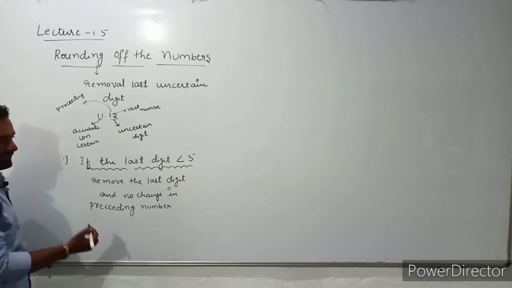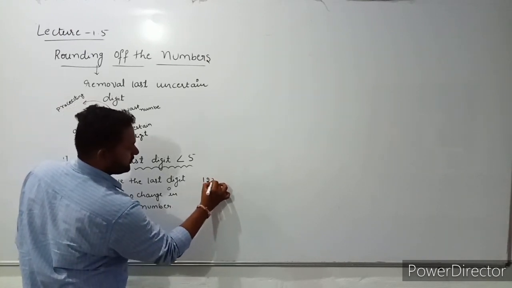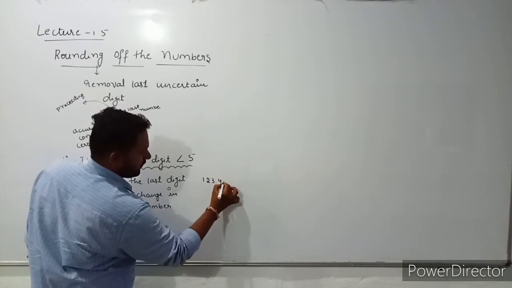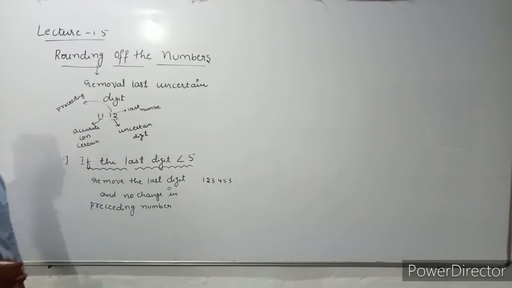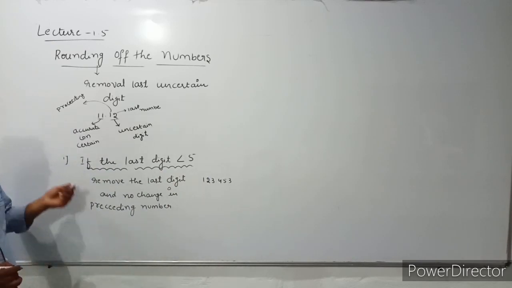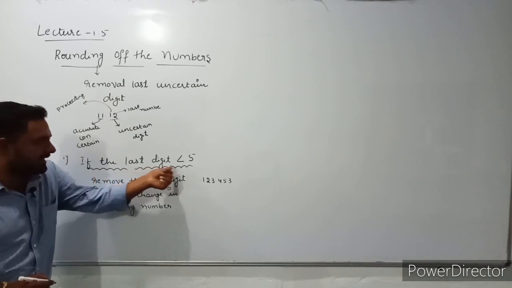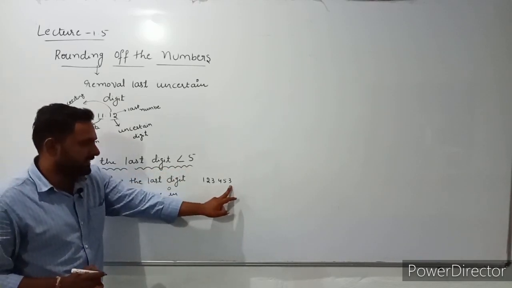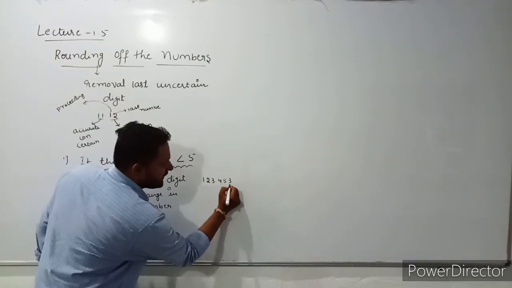Now let us see one example. For example, 123.453. Now round off this number. To round off this number, the first rule says if the last digit is less than 5. Now check the last digit, is it less than 5 or not? Yes, the last digit is 3.